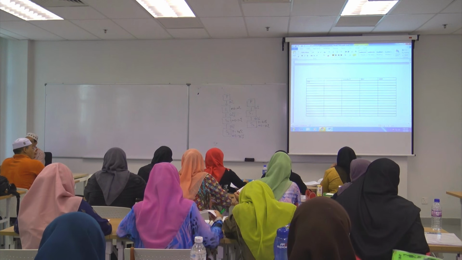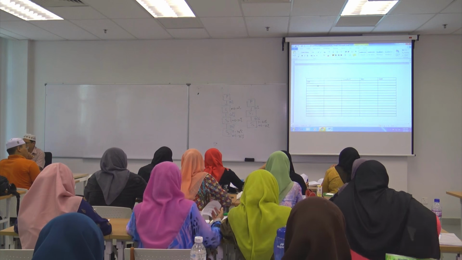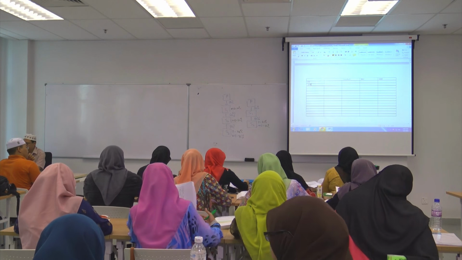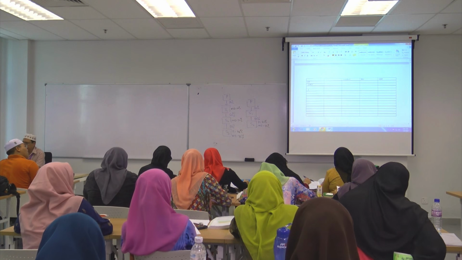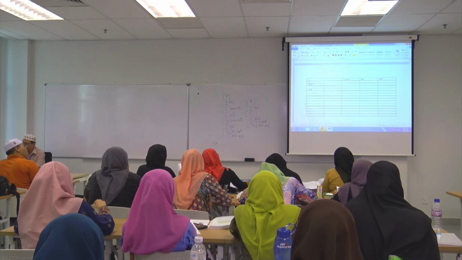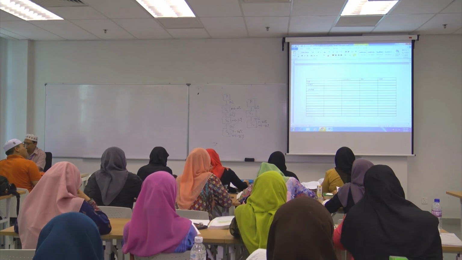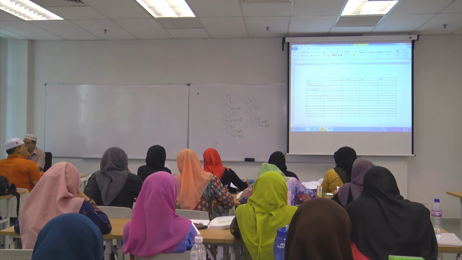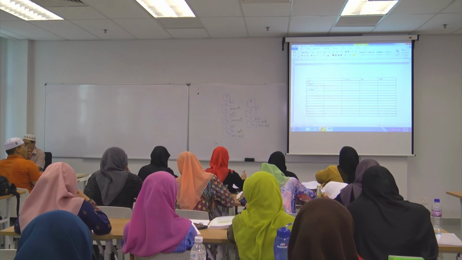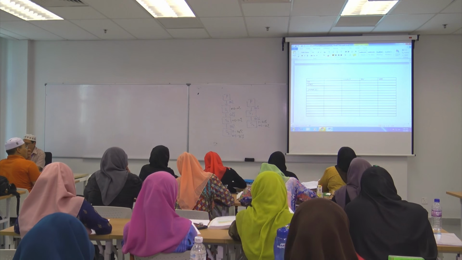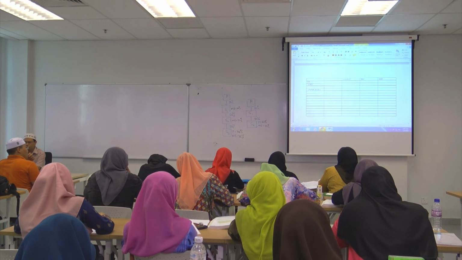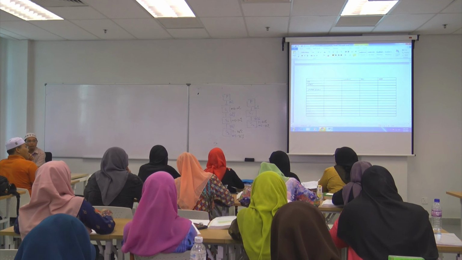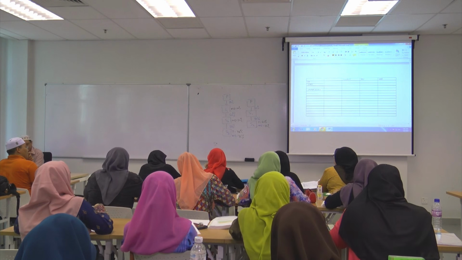Consideration transferred plus NCI, and then you minus fair value of net assets on date of acquisition, on DOA. The first time I see the word there, hey, what's DOA? Is it? Day of acquisition. Okay.